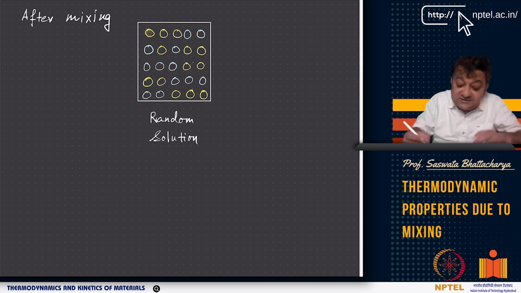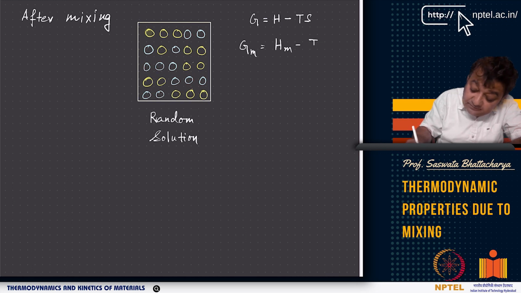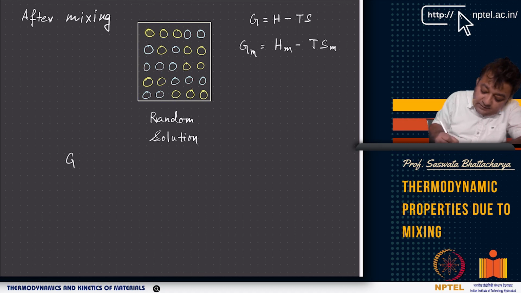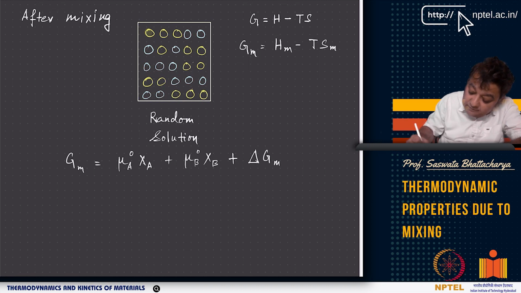Now G is equal to H minus TS. Gm is also Hm minus TSm. Now think of Gm before mixing, which is mu A0 XA plus mu B0 XB, plus some additional delta Gm mix.